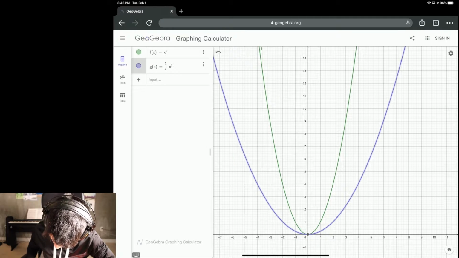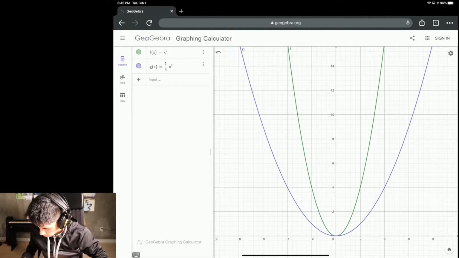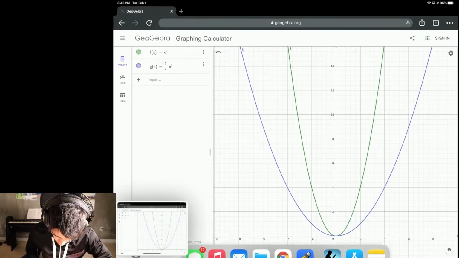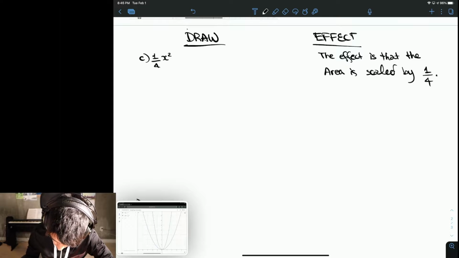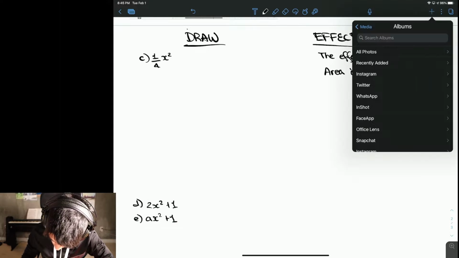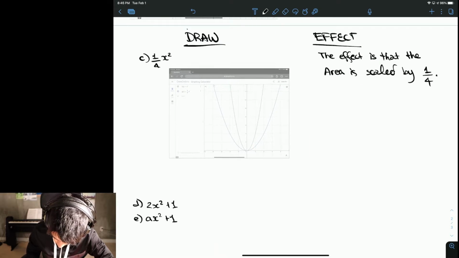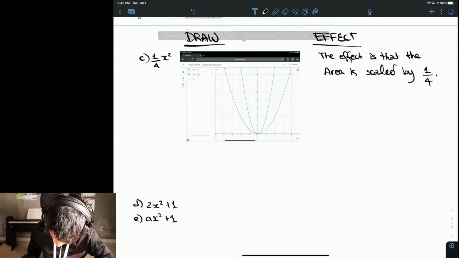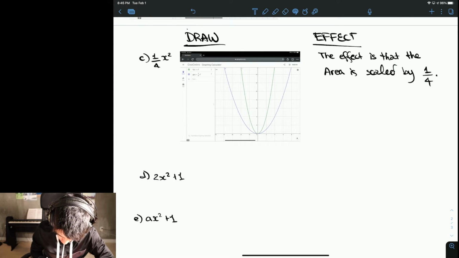And yep, so we can see here that the blue line is much smaller than the green line, and it should have a quarter of the area underneath. Next is this one.